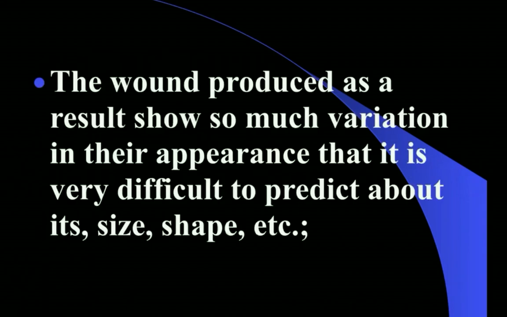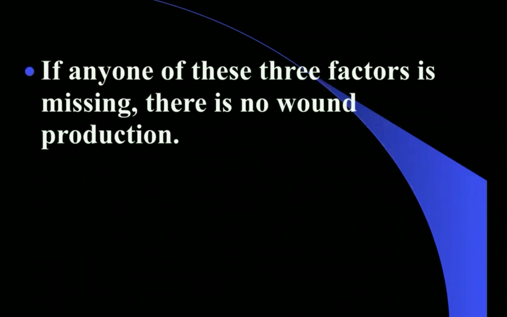The wound produced as a result shows so much variation in its appearance that it is very difficult to predict the size, shape, and other characteristics of the wound that the weapon will cause, because these factors will govern the appearance. If any one of these three factors is missing, there will not be wound production.